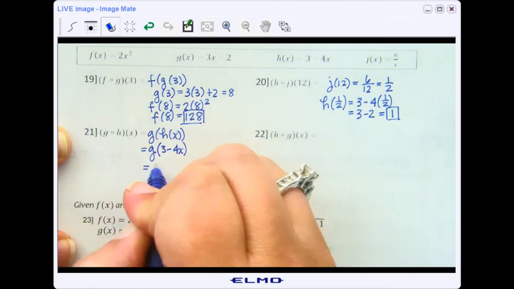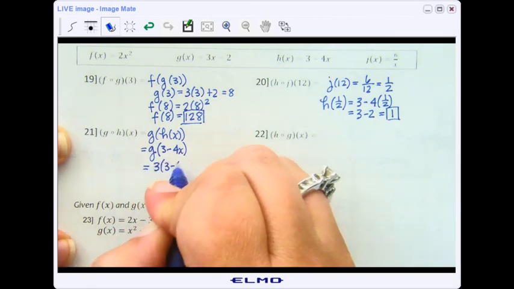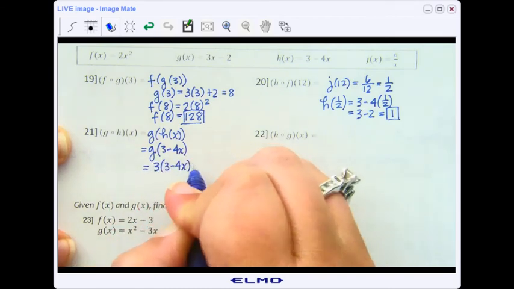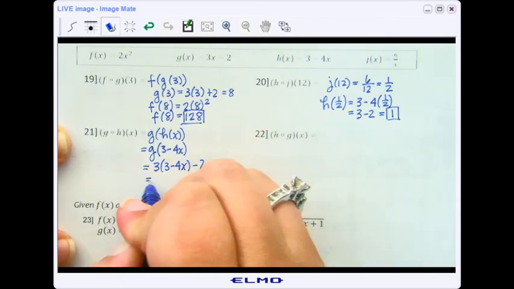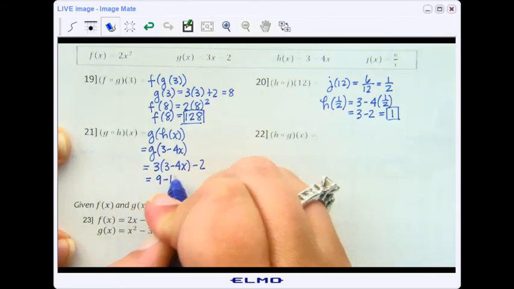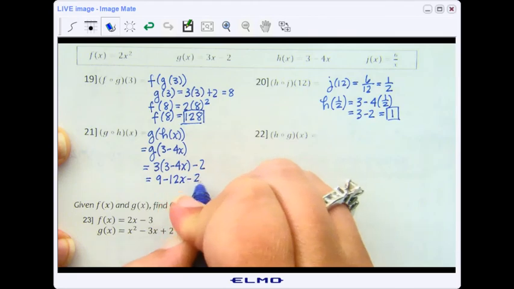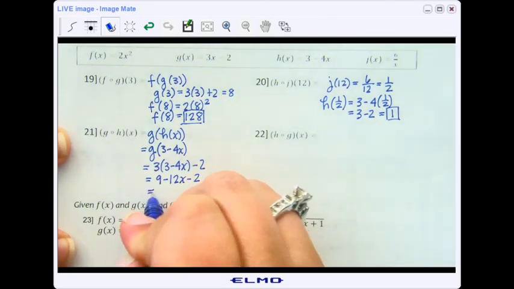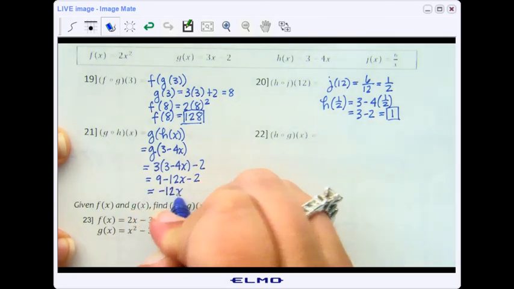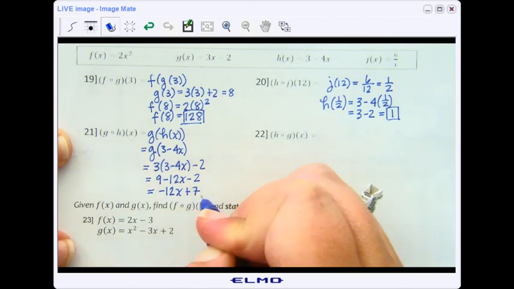So this will be 3 times 3 minus 4x minus 2. And this is 9 minus 12x minus 2. So this becomes negative 12x plus 7.